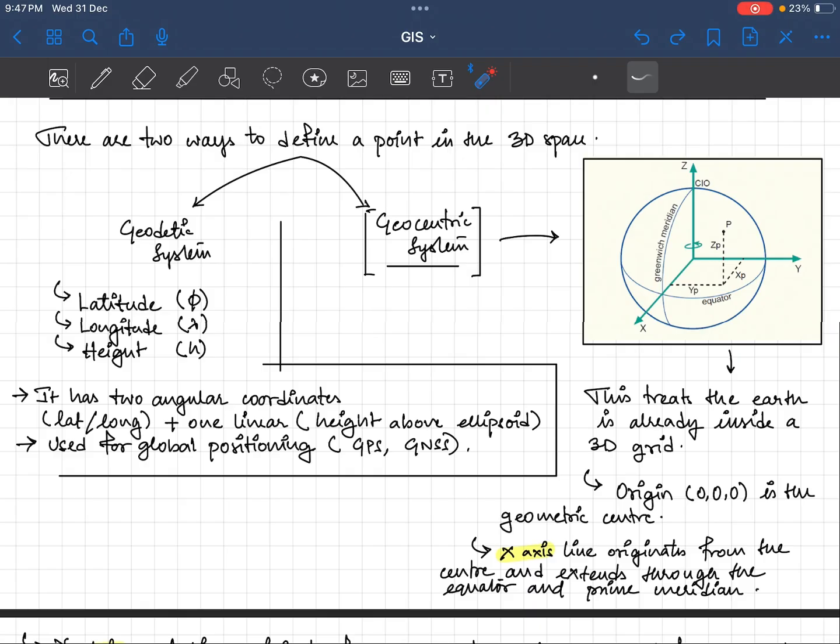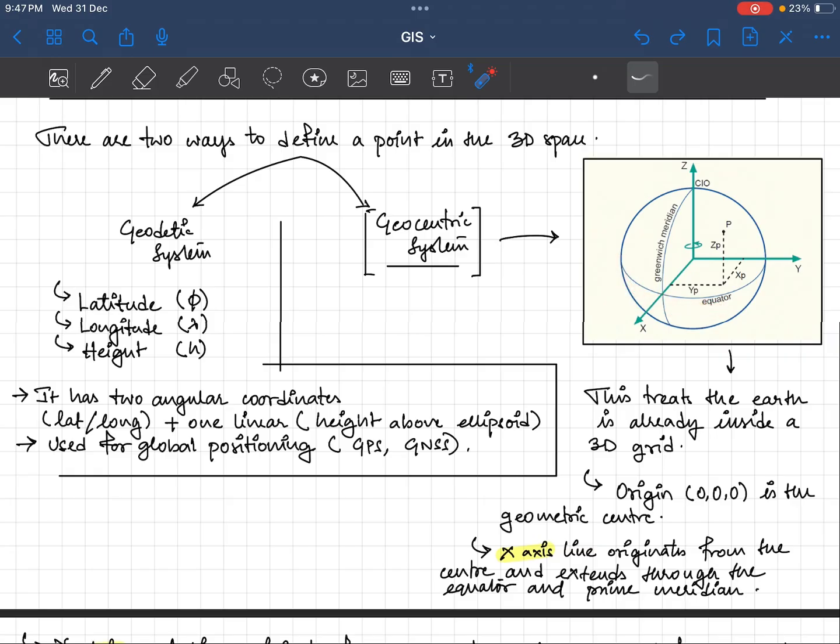In case of the geocentric system, we imagine that the Earth is inside a giant three-dimensional box, and let's say the center of the Earth has the coordinate 0, 0 and 0, and there are three axes x, y and z. All the axes originate from the origin. The x axis comes out of the point which is the intersection of the Greenwich meridian line and the equator line.